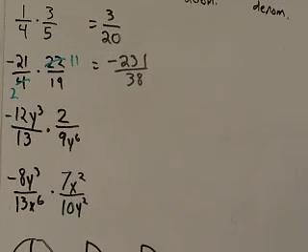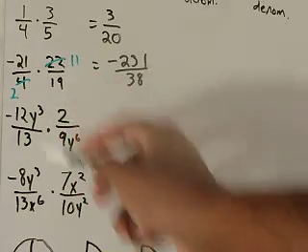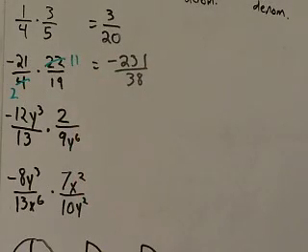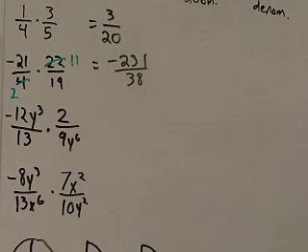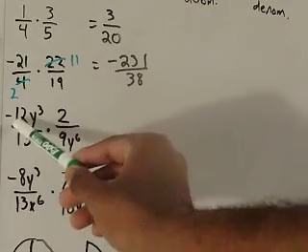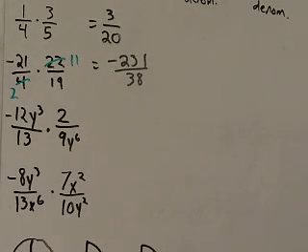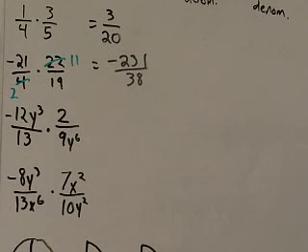You have negative 12y cubed over 13 times 2 over 9y to the 6. So before I multiply, I kind of scan this thing and see if anything can reduce. So do I have any common factors? Well, here we got a 9 in one denominator and a 12 in the numerator, and both of those numbers are divisible by 3, so I'm going to divide them by 3.